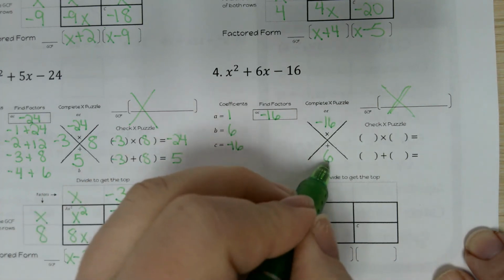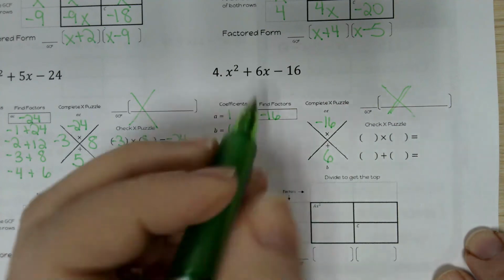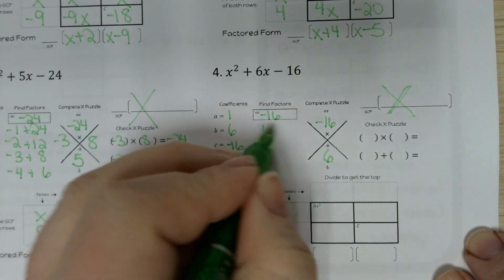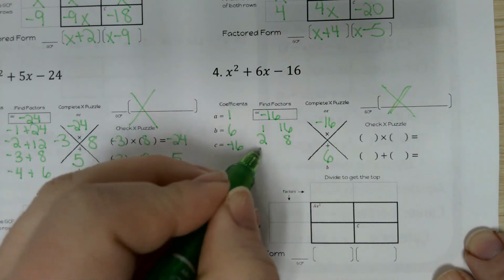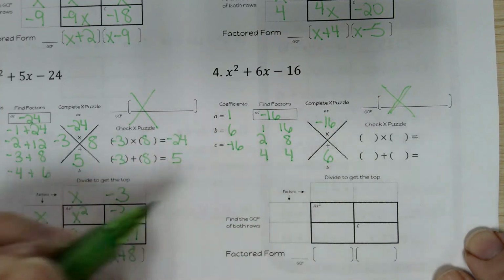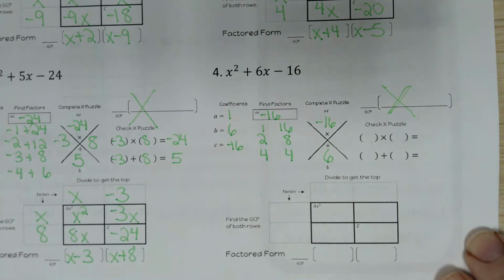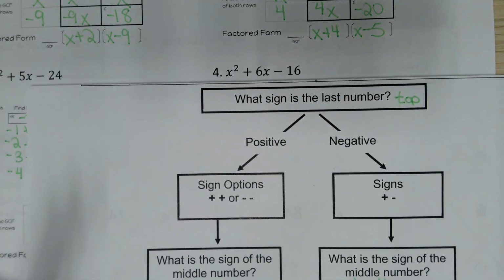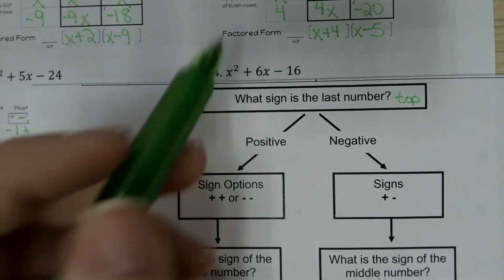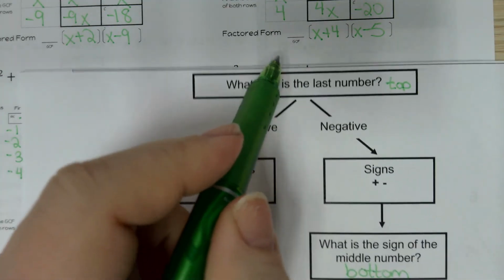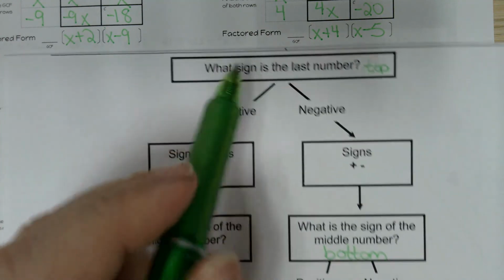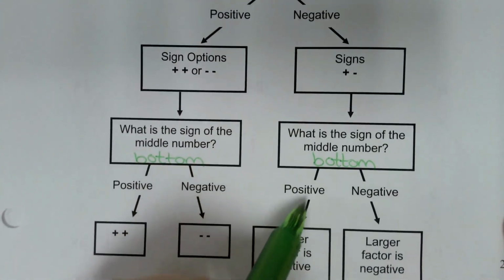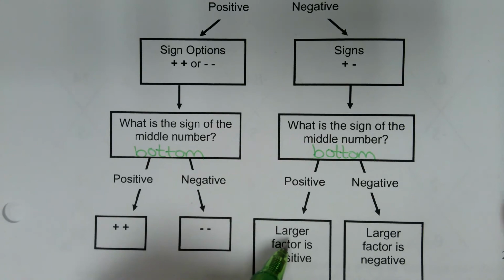B is the bottom of my x. 1 and 16, 2 and 8, 4 and 4 are the factors of 16. The factoring flowchart can be used to determine our signs. The sign of the top of our x, or the last number, is negative, and the sign of the middle number, or the bottom of our x, is positive. So we want our larger factor to be positive.